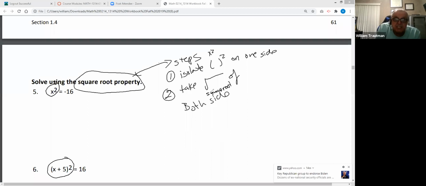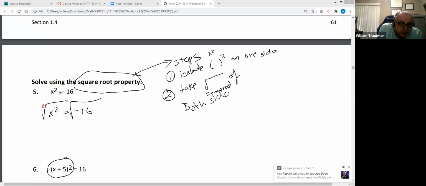The opposite of square is square root. That's why we do that in step 2. So watch here. Step 1, isolate the x squared. We have it. Step 2, whatever you do to one side, you do the other. Square root both sides. Now, a lot of people don't know this, but there's an invisible 2.